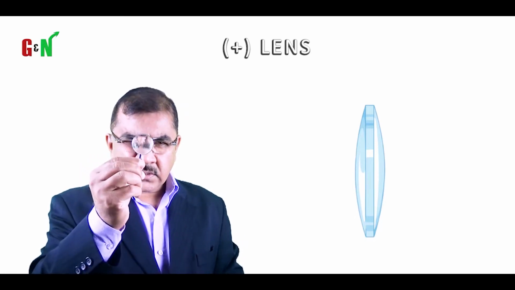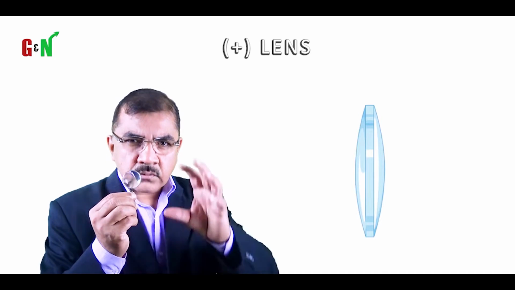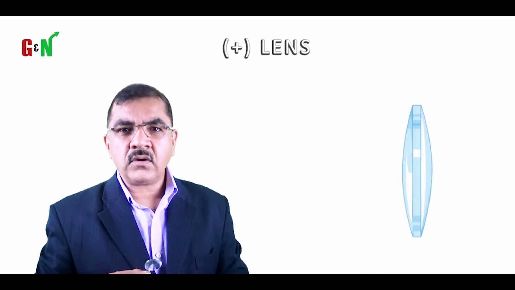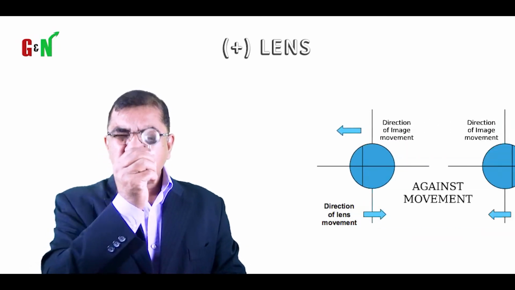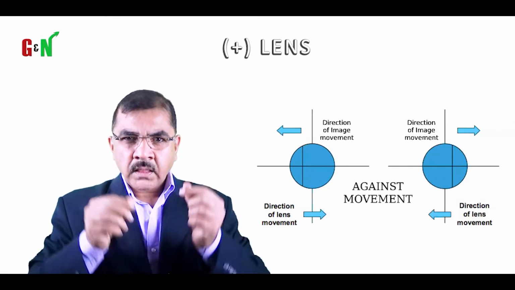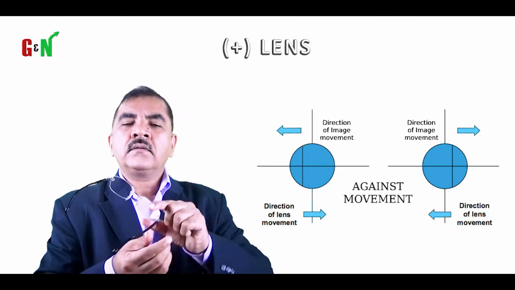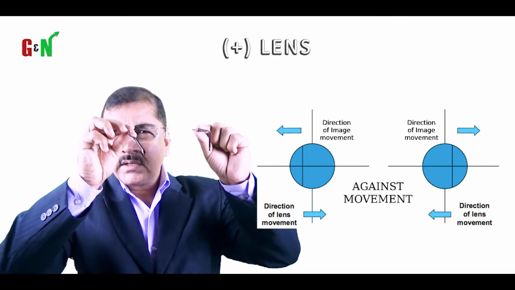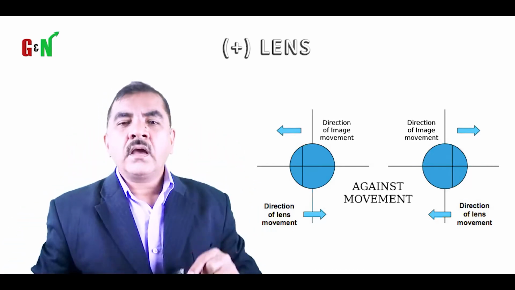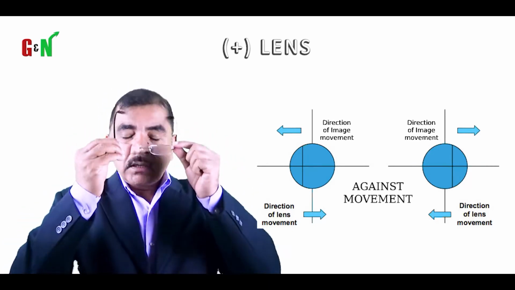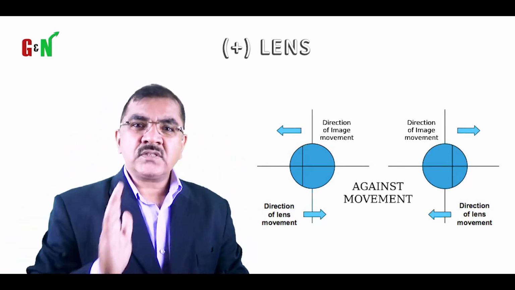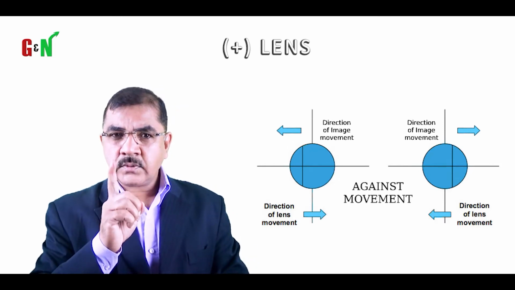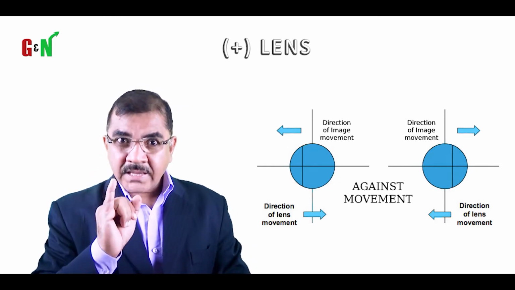You look at it and you just move it a little bit ahead and you will see magnification of the object. Or if you move it sidewise, take the spectacles of a patient and move it sidewise, and you will see against movement. Use this terminology, against movement.